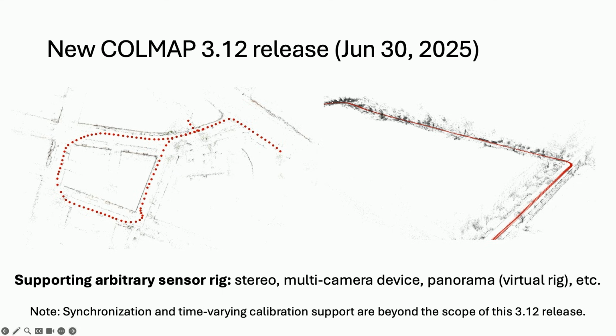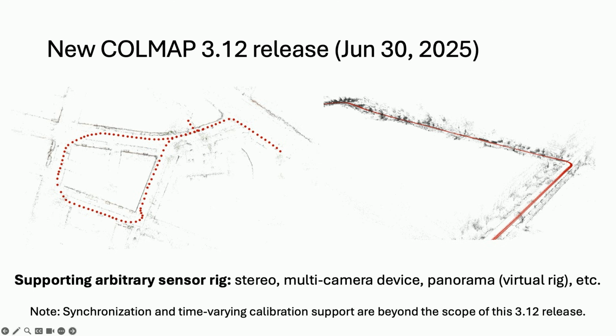Relevant to this dataset, as we already discussed, we don't support time varying calibration yet, which is beyond the scope of this 3.12 release, and we also don't support synchronization. But this is already quite a significant add-on on top of COLMAP, which originally only supports single images.